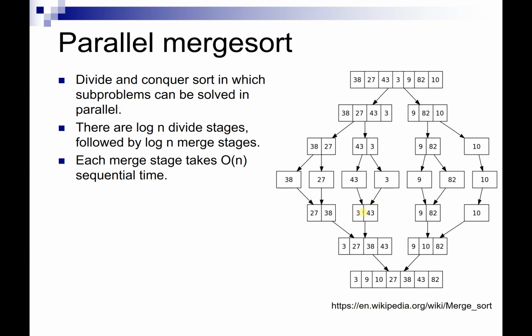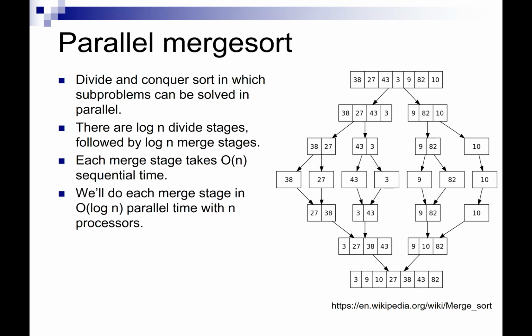In a sequential setting, we had pointers to these different arrays, and we move these pointers from left to right in order to merge these 2 arrays. But that's a sequential process, and it doesn't seem obvious how to translate that into a parallel setting.